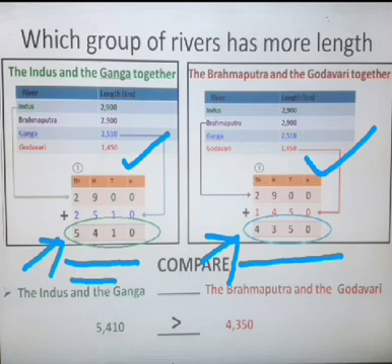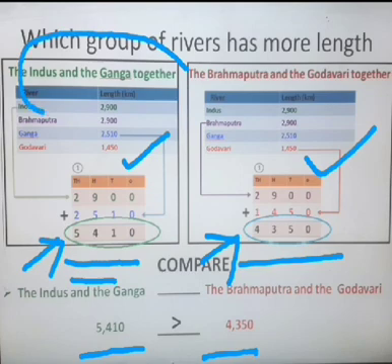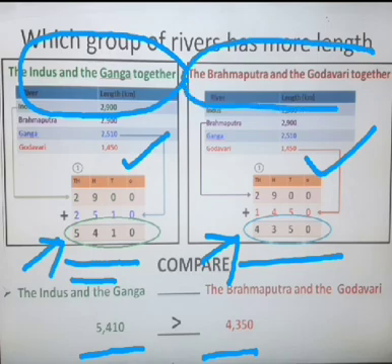That means 5410 is greater than 4350, because in the first place 5 is greater than 4. Therefore, the length of the Indus River and the Ganga River is more than the length of the Brahmaputra River and the Godavari River.